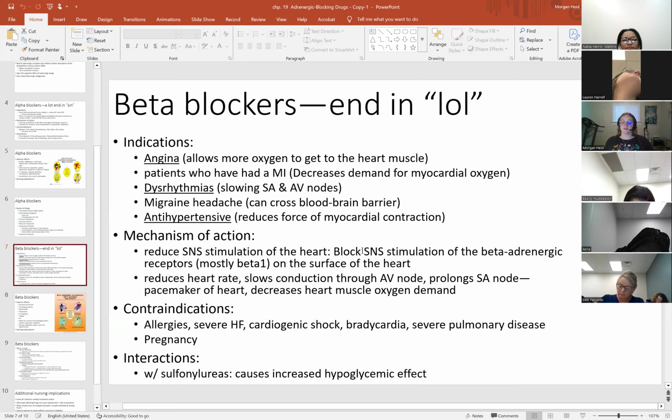Because if this blocks the fight or flight's ability to cause bronchodilation, if I'm having an asthma attack or a COPD exacerbation, it would cause my airway to be more blocked and exacerbate the effect of the closed airway. It blocks the bronchodilation, so that it literally couldn't happen if you were having an asthma attack.